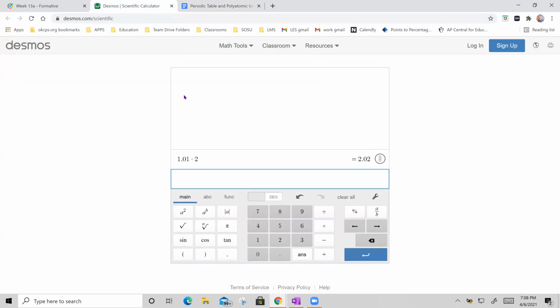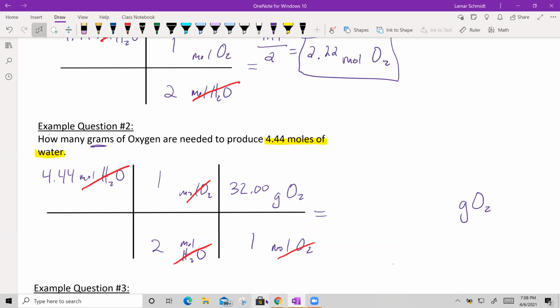So we're going to put 4.44 times 32. And we're going to get 142.08. I'm leaving the units out of this because I've already canceled units and I've already put my unit at the end.